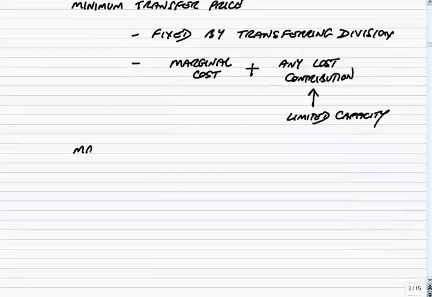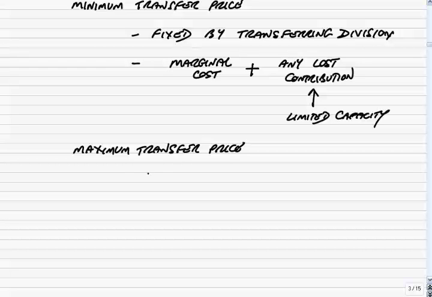The maximum transfer price, it's fixed by the receiving division. In my example, it was division B. And it's always the lower of two things.